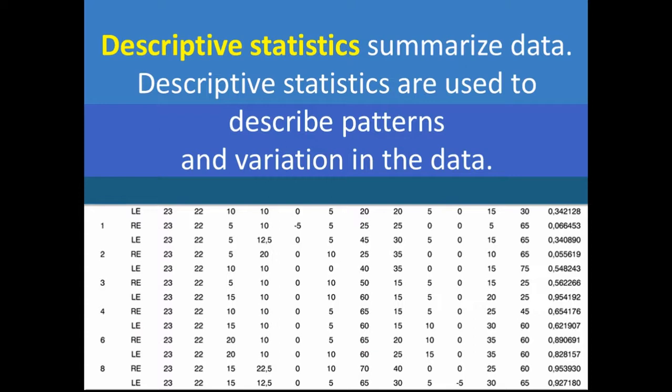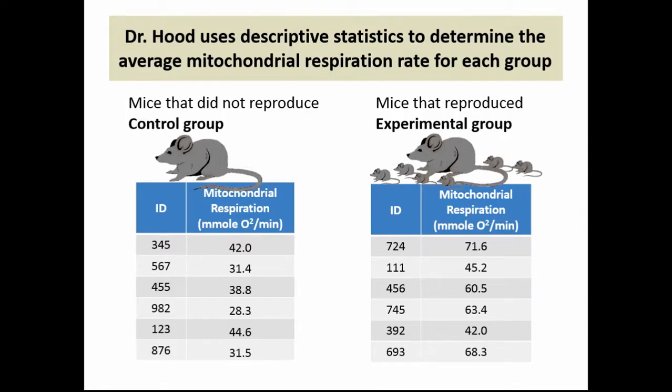That means absolutely nothing to anyone unless you are the owner of that data set and you know what all those numbers represent. Numbers for the sake of numbers are not worth anything. We really have to crunch those numbers and figure out what they mean, get at the root of the patterns that are involved in that process, and that's where these descriptive statistics come in. Dr. Hood uses these descriptive statistics to determine the average mitochondrial respiration rate for each of the groups that she has generated.